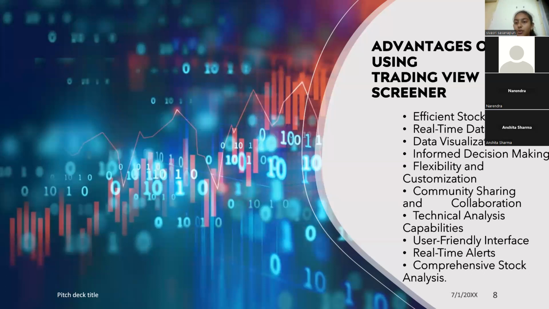Other popular filters: moving averages, utilized to identify trends and potential entry and exit points. Relative strength index, to screen for oversold stocks based on the RSI values, indicating potential reversal points.